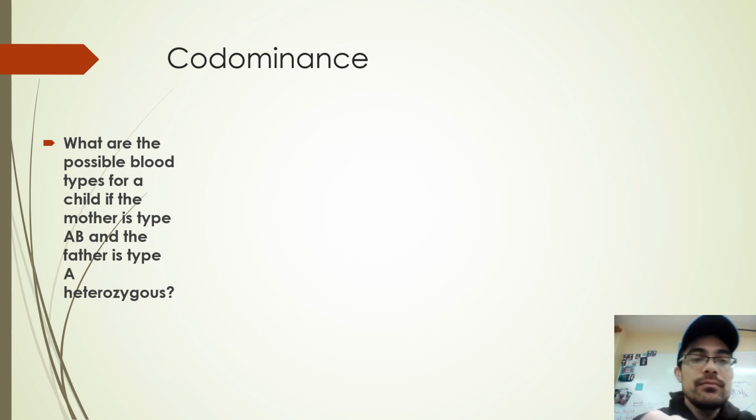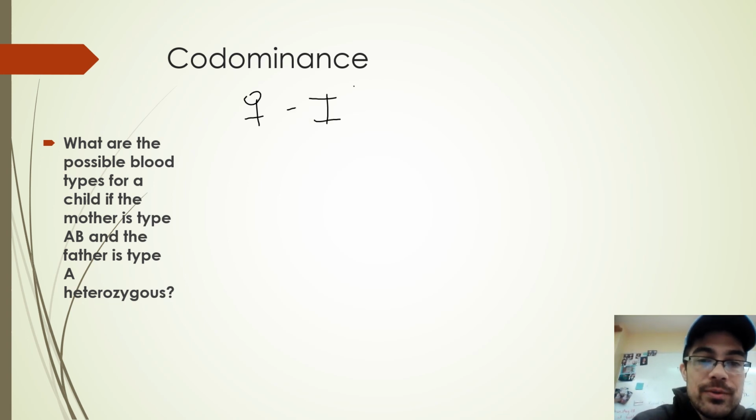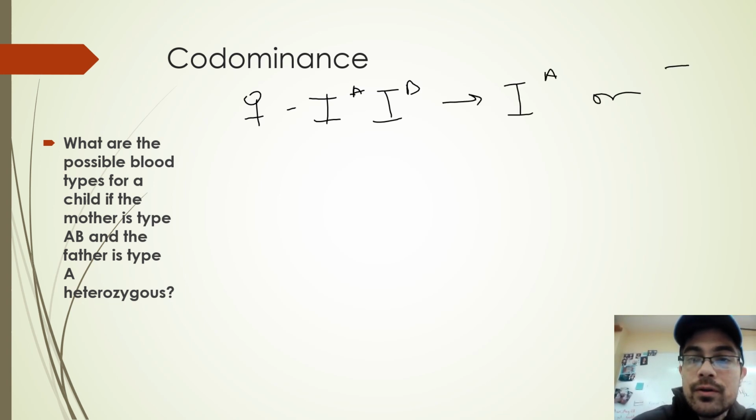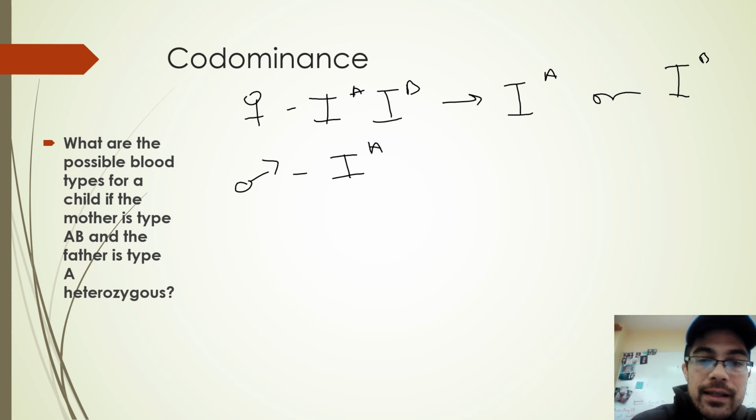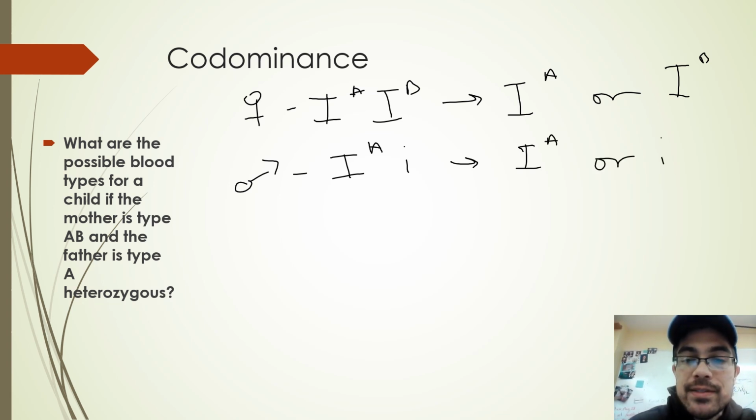So here's a mom. Their genotype is this, meaning they can pass on that or that. The father, who is a heterozygote, is IA i, meaning they can pass on that gene, or they can pass on the recessive one.